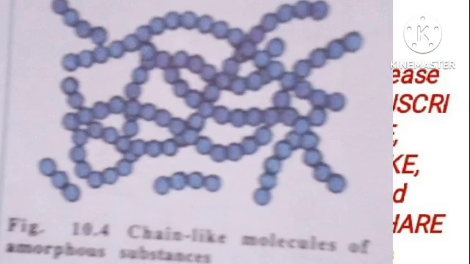Now, even though we are supposed to be talking about crystals, let's deviate a bit and discuss non-crystals. Non-crystalline structures or substances are called amorphous substances, and you can see how they look.